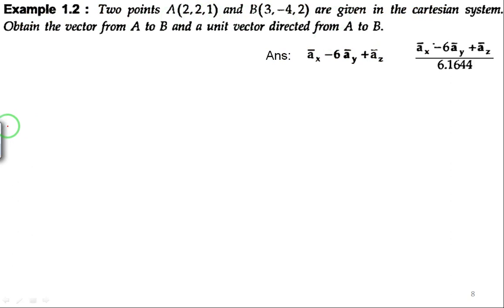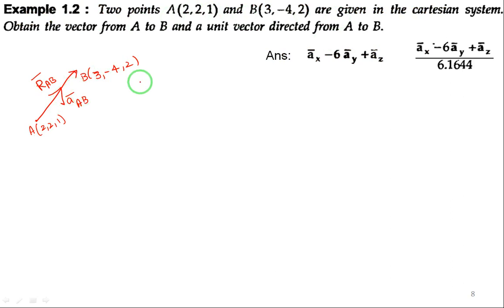Then I will join these 2 points A and B. So this is the distance vector RAB, from A to B, and the unit vector directed along vector AB is AAB.